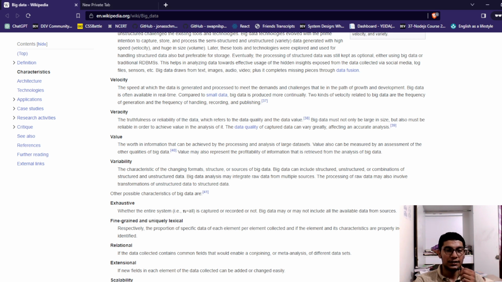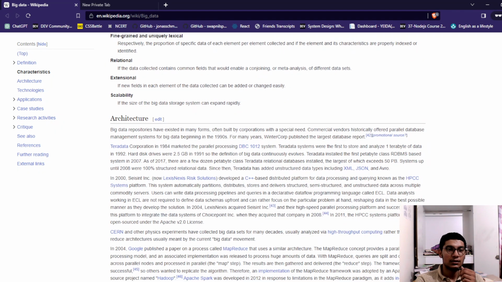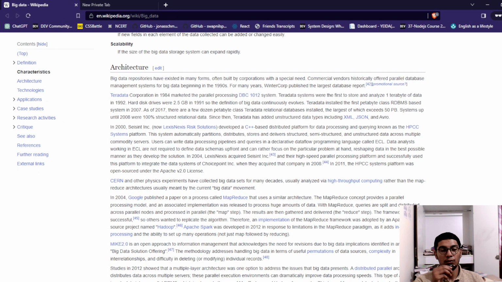Extraction, transformation, loading, scalability, architecture. Big data repositories have existed in many forms, often built by corporations with a special need. Commercial vendors historically offered parallel database management systems for big data beginning in the 1990s.